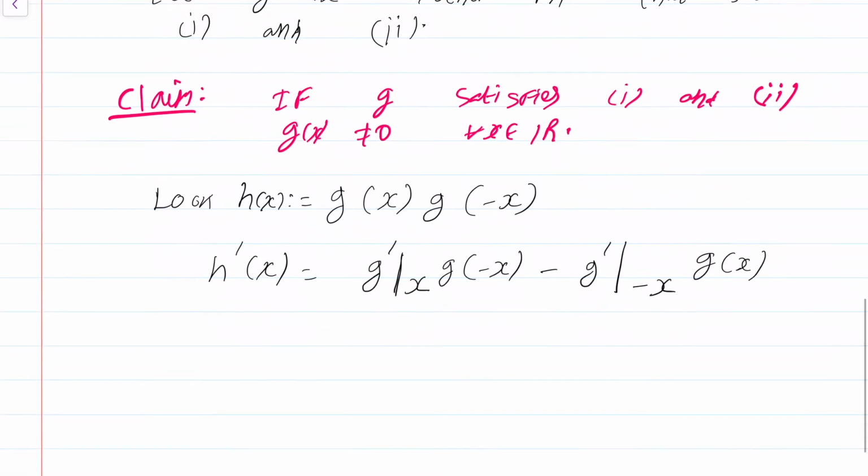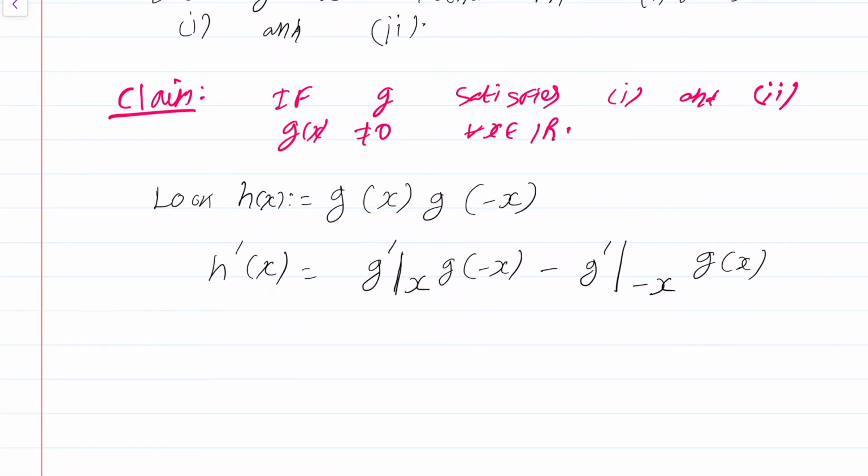Okay, but we know that g prime is just g, right? So this is just g of x, g of minus x minus g of minus x, g of x. The reason why I introduced this notation of evaluating at the point x is to make sure that when I write g prime of minus x, you don't think I have to differentiate the function g prime of minus x, which would give minus g prime of minus x and lead to confusion.